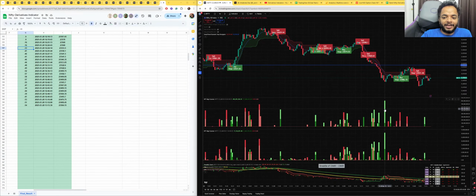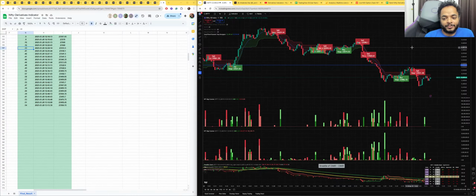Suppose they have done writing here and they are doing put buying: either they are hedging their positions or they have closed their positions. It's very difficult, guys, to catch the entry points, but we have somehow cracked it.